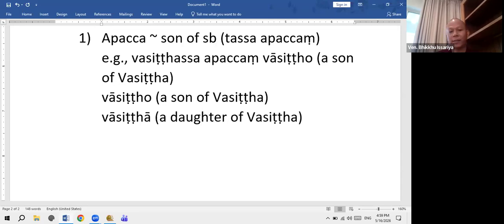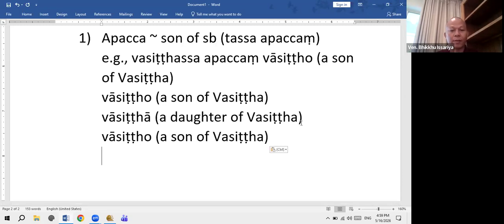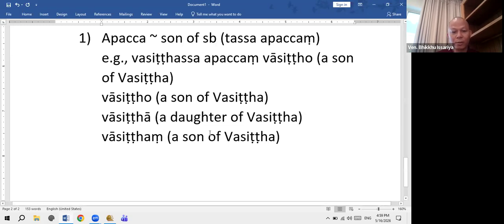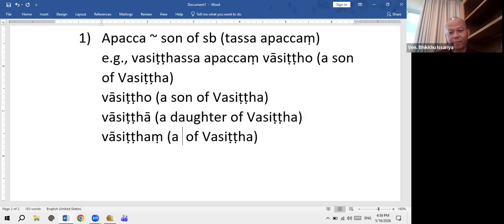A daughter of the Vasittha. So, Vasitthan, a family of the Vasittha, Kula, this way.